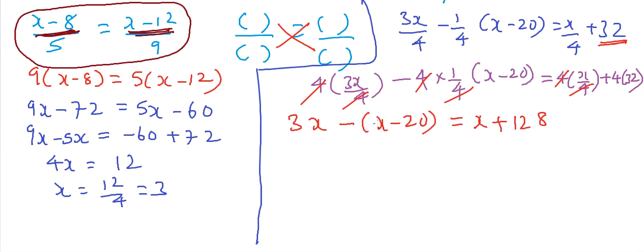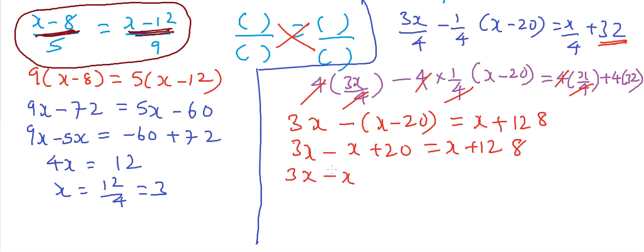See, there's a bracket here. Let's expand that. So we have 3x minus x plus 20, because there's a minus sign so it will change, is equal to x plus 128. As usual, bring that x this side.